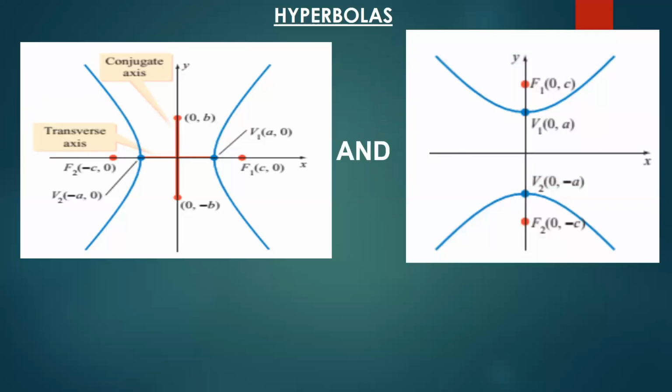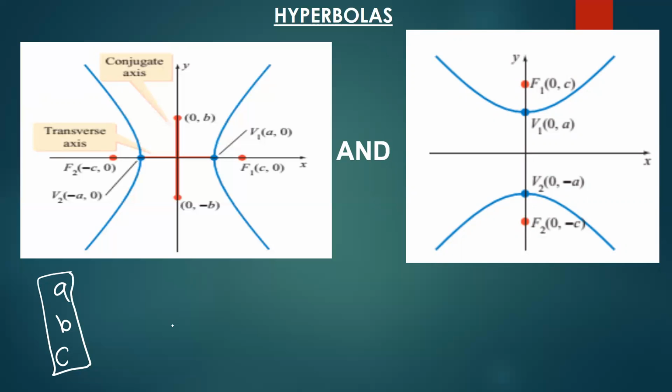So the other format of the hyperbola is the one that faces up and down. Yeah, so in a similar way with the ellipse, you are also supposed to find the value of A, the value of B, and the value of C. These values will help you sketch the curve.